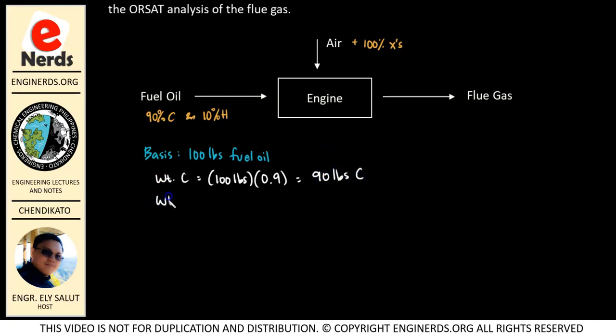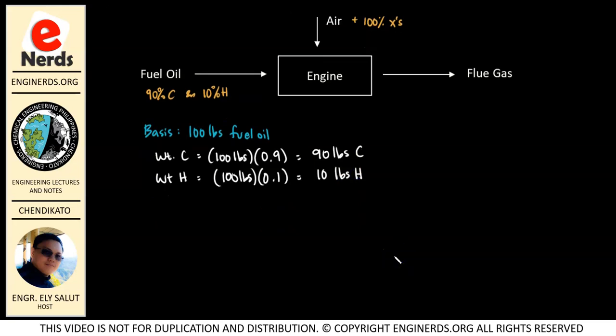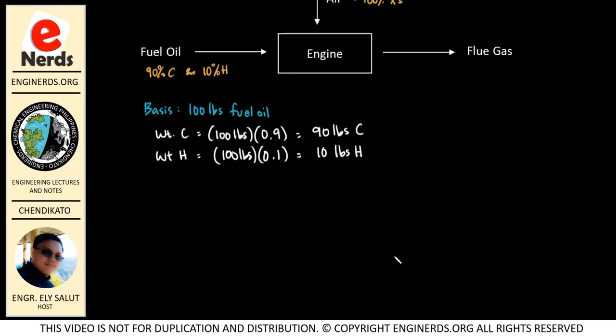And the weight of hydrogen is 100 pounds times 0.1, which is equal to 10 pounds of hydrogen.